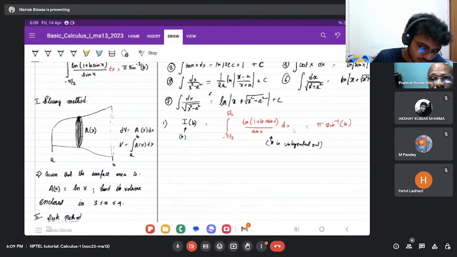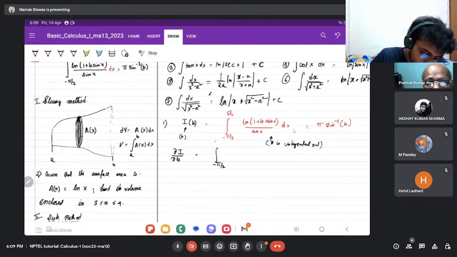The trick behind solving this question is to take the derivative of I with respect to b. Do you know what happens when you take a derivative with respect to a parameter in the function which you are not integrating with respect to?